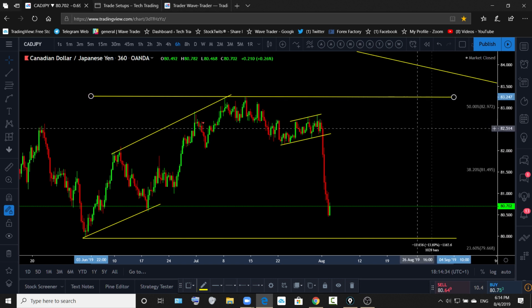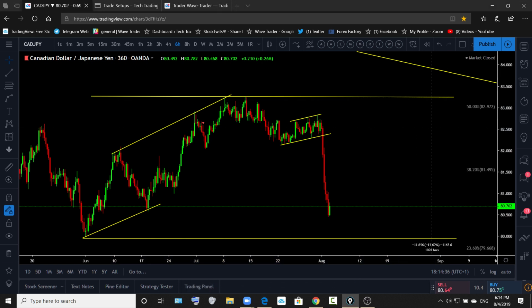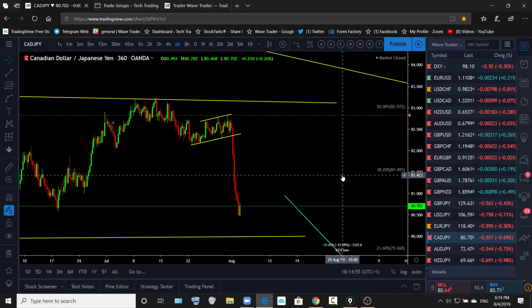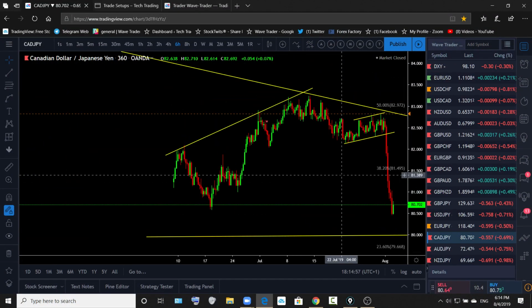All right, so correct, push more lower and then bounce off, correct, and go back up, like a head and shoulder formation over there. All right. So CAD yen is still pushing lower, and a very nice move is just appearing over there.